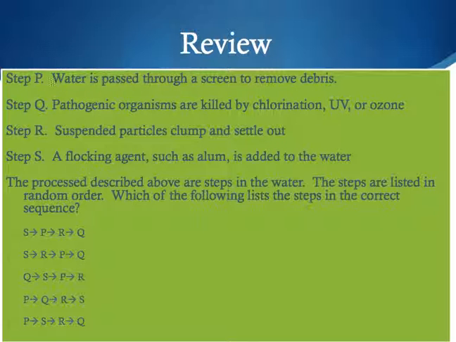I'm going to start with P. We're going to pass it through a screen to remove debris. And that often happens at the river itself. They're going to have screens there to remove debris, but it may happen depending on the facility right when they come in. So let's look at P as first, S as second, and then our settling will happen next, and Q has to be the end step. So this right here, P, S, R, and Q, those are the steps.